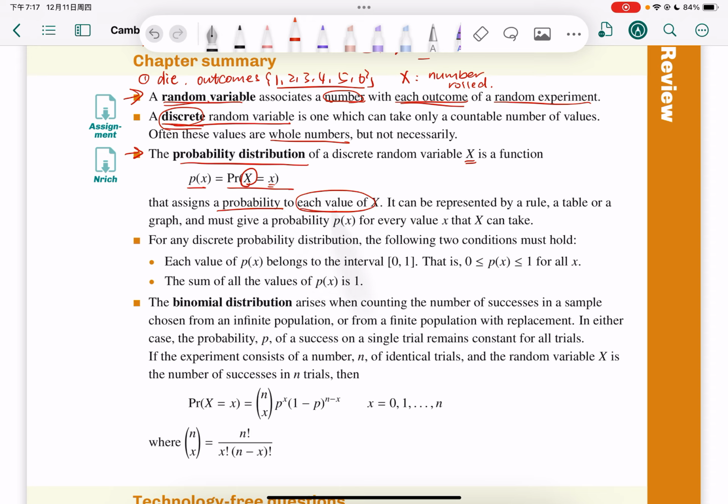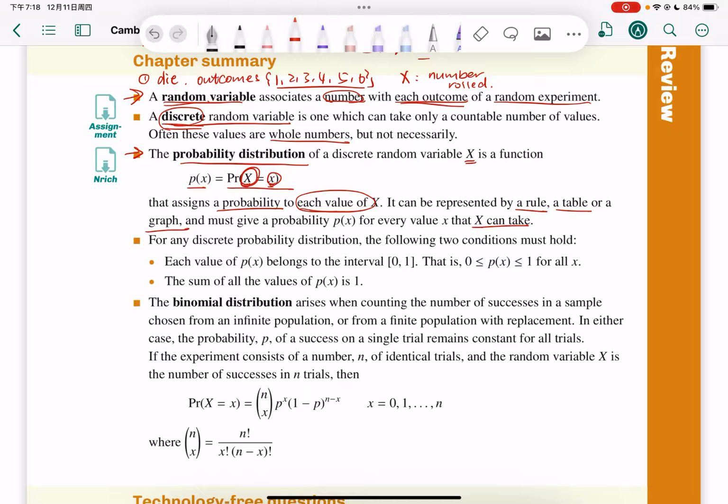So the small x represents a single value of the random variable, and the big X represents the random variable we talked about earlier. It can be represented by a rule, table or a graph, and must give probability p(x) for every value x that the random variable can take.